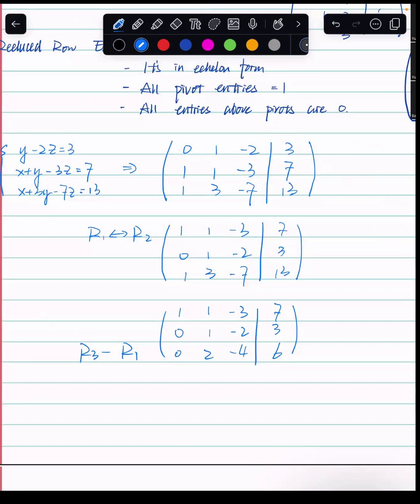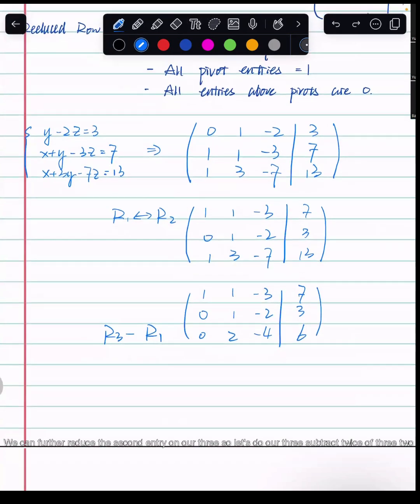We can further reduce the second entry on R3. So let's do R3 subtract twice of R2.